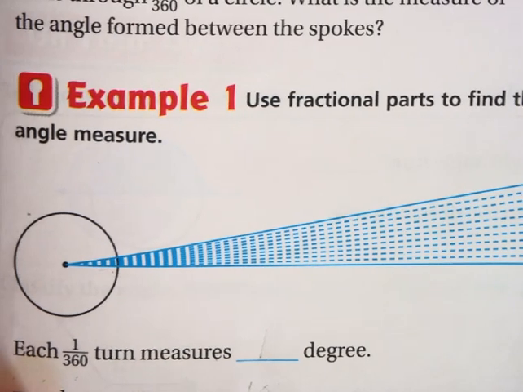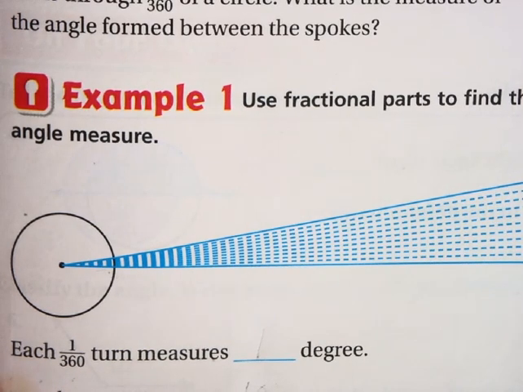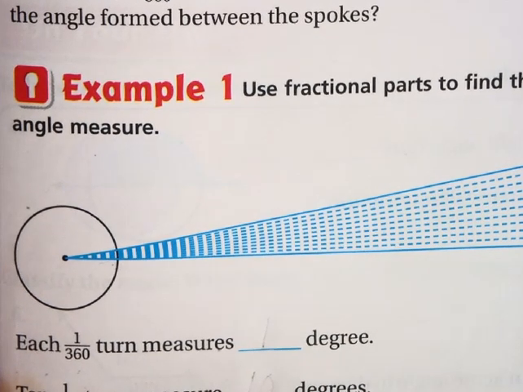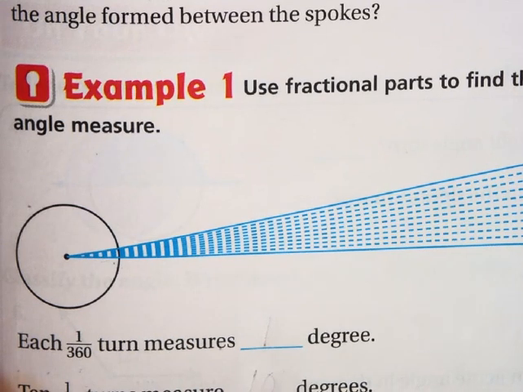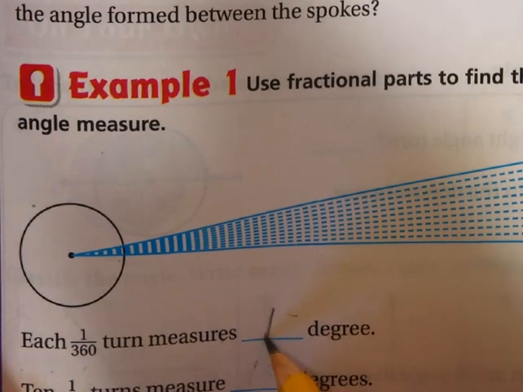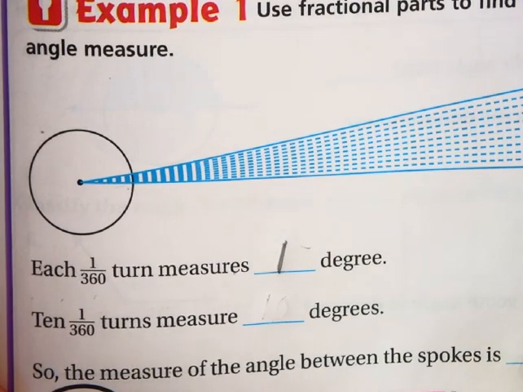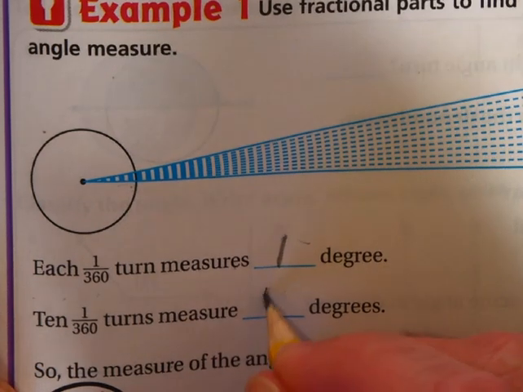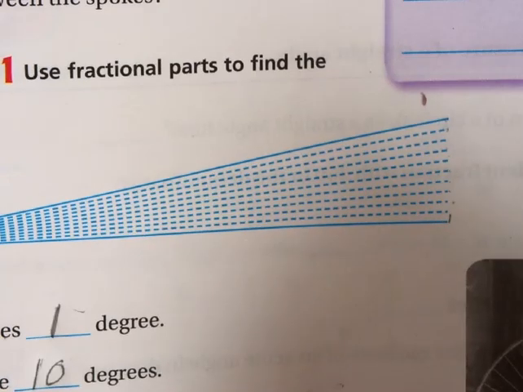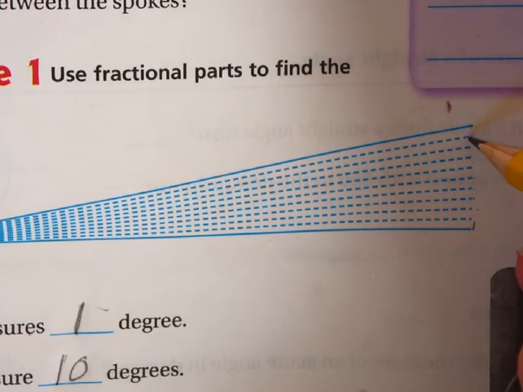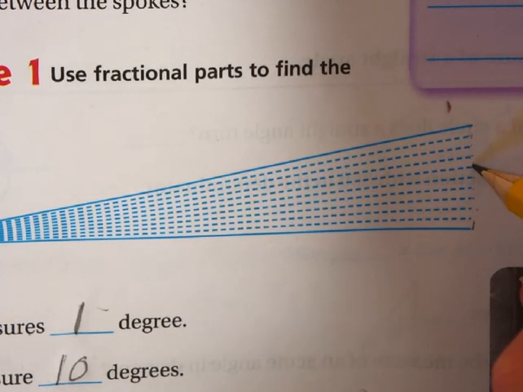This shows 10 360ths. So each 1 360th turn measures 1 degree. And 10 1 360th turns measures 10 degrees. And I can really visually see that here. There's 1, 2, 3, 4, 5, 6, 7, 8, 9, 10 degrees.